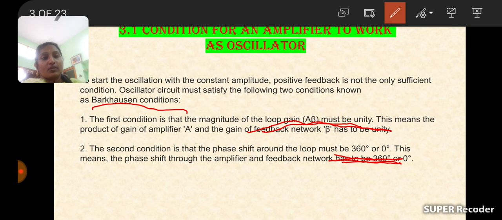So we must ensure the amplifier has positive feedback. Positive feedback means the feedback signal is in phase with the input signal.